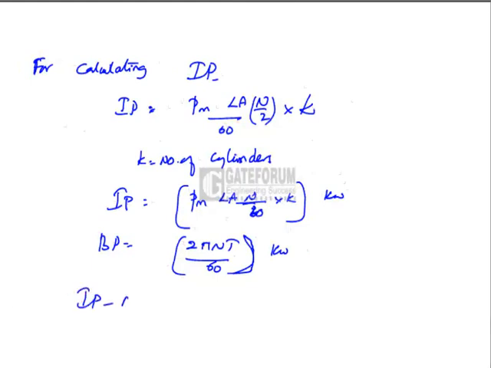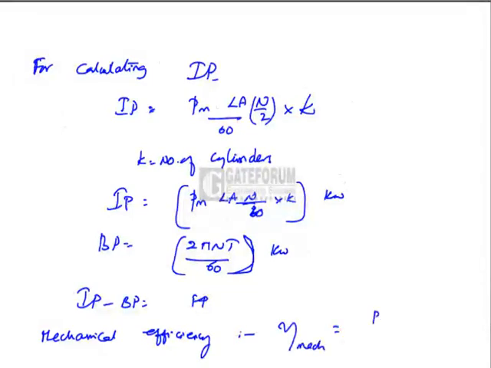IP minus BP is frictional power, which is a function of speed of the engine. Then we define mechanical efficiency as the ratio between BP by IP. This efficiency takes into account the frictional losses that occur in the IC engine.